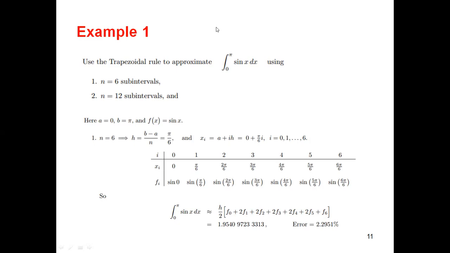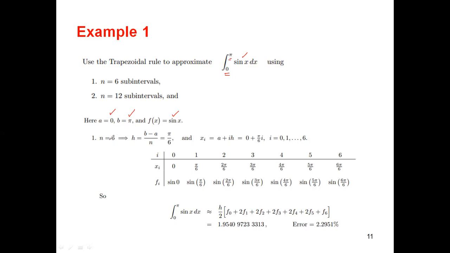Now, notice here that your a is 0, the lower limit of the integral, and your b is pi, the upper limit. Your integrand or your function is the sine of x. Now, since in the first case you have n equal to 6 intervals, you will divide the area under the curve of sine x using 6 trapezoidal parts.